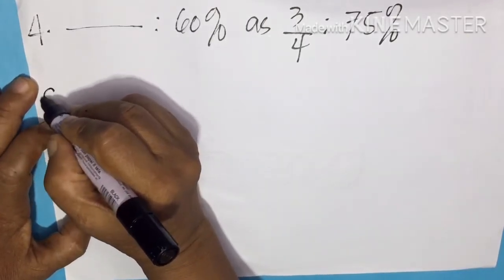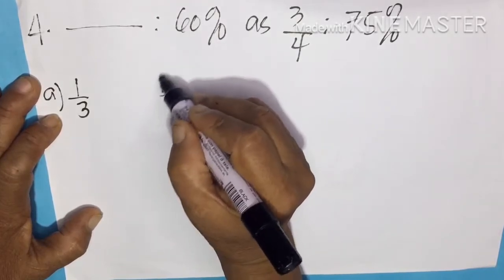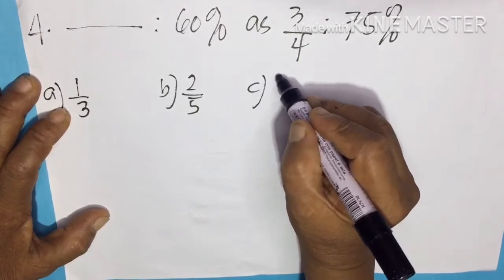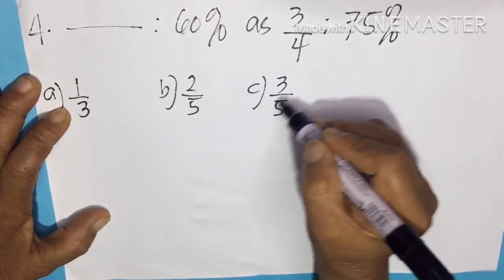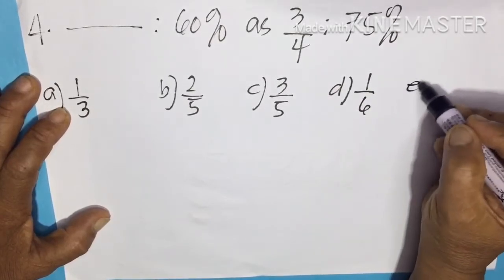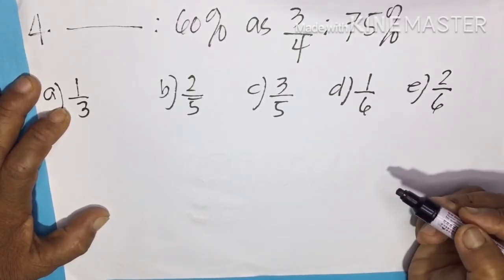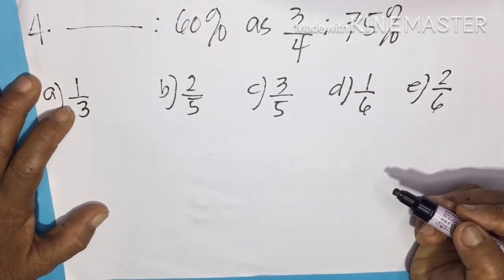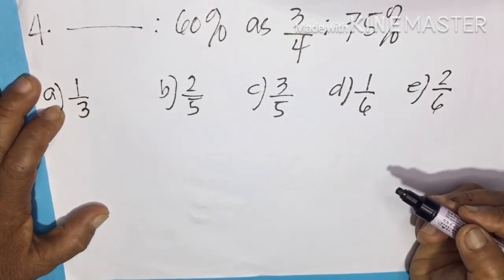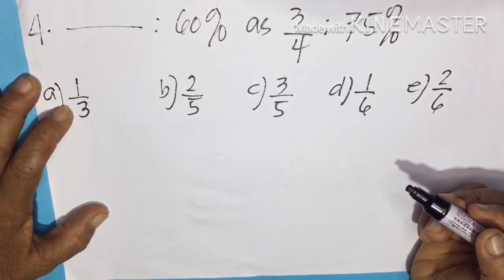Now our options: A is 1/3, B is 2/5, letter C is 3/5, letter D is 1/6, letter E is 2/6. 3/4 equals 75%. And how to get your answer from 60%?